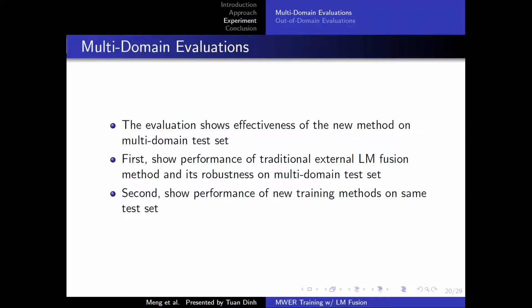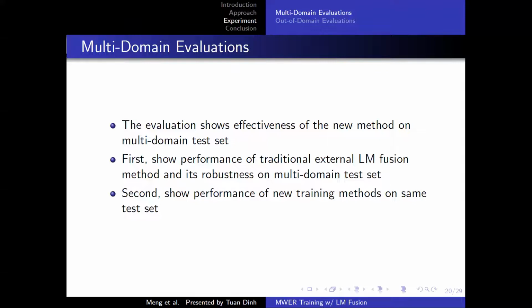In the first set of evaluation, the authors showed the effectiveness of their methods on multi-domain datasets. Firstly, they show the performance of traditional language model fusion methods and their robustness on the multi-domain dataset.